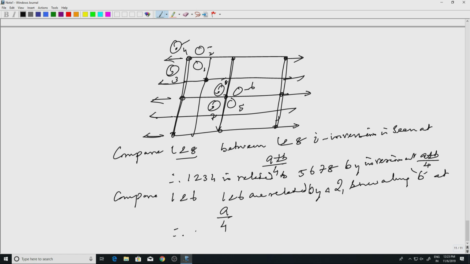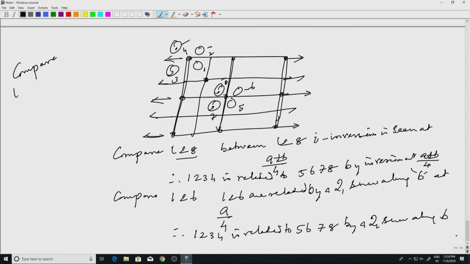Therefore, 1, 2, 3, 4 is related to 5, 6, 7, 8 by a 2-1 screw along B. Compare 1 and 7.